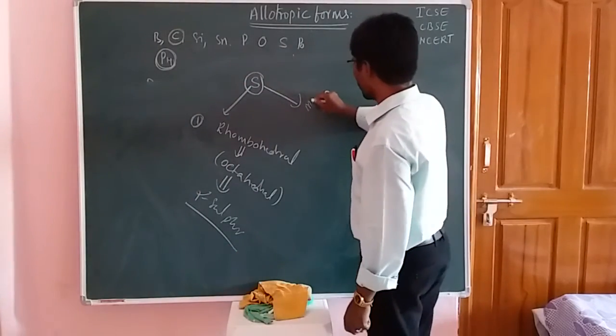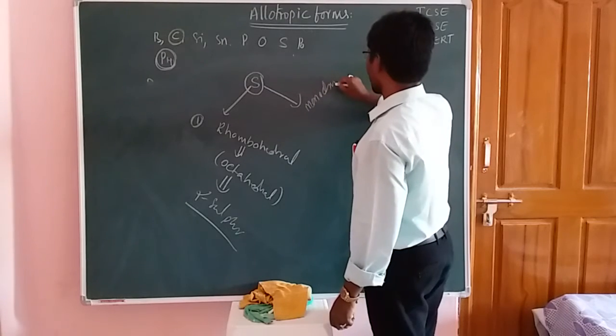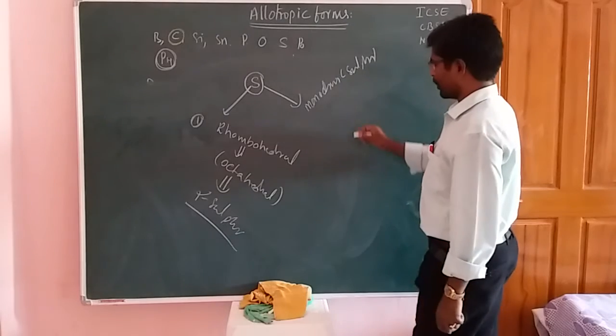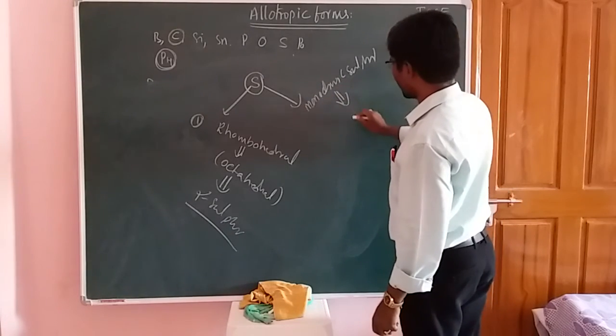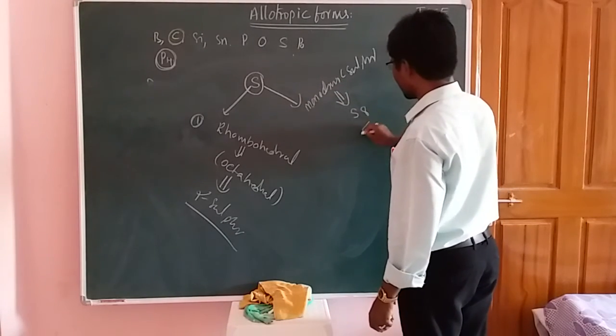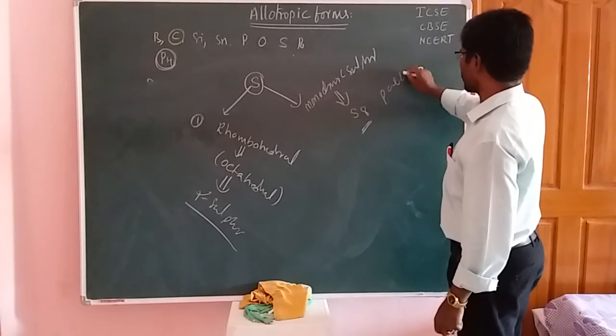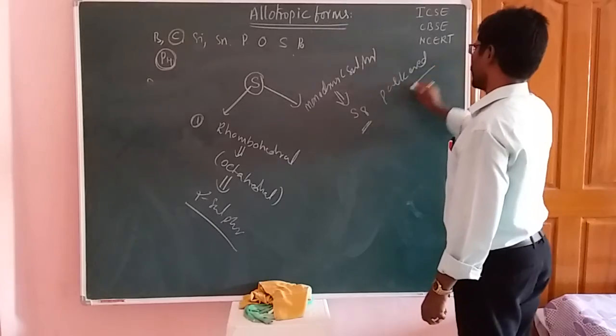Next one is monoclinic sulfur. The monoclinic sulfur exists as S8 sulfur. It is also known as puckered shape sulfur.